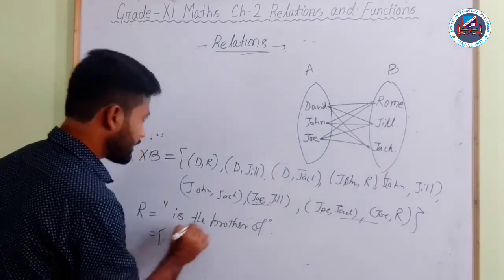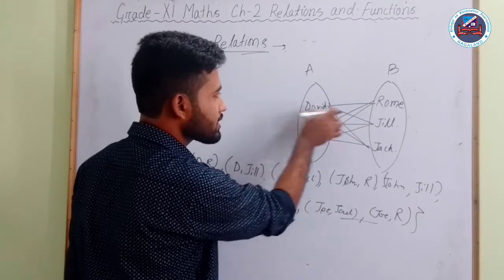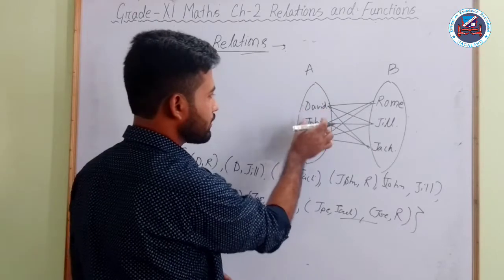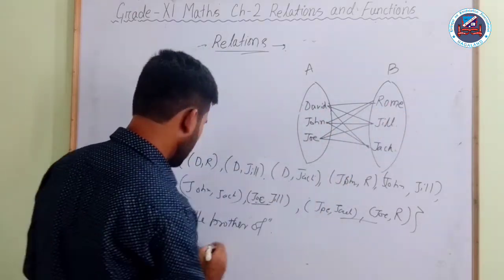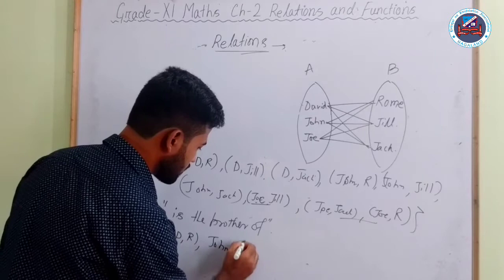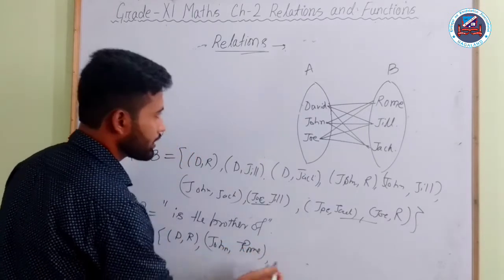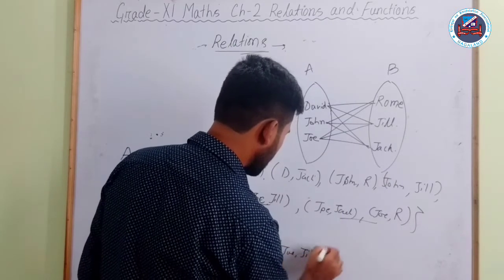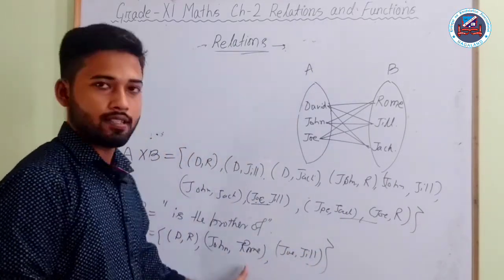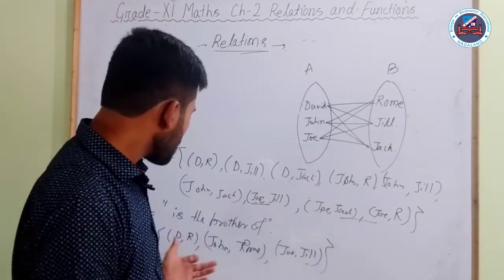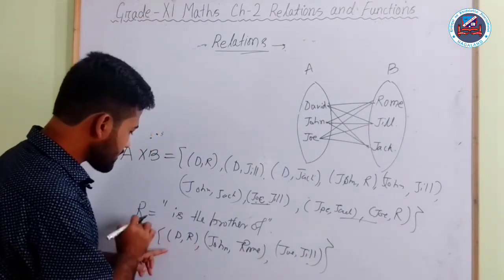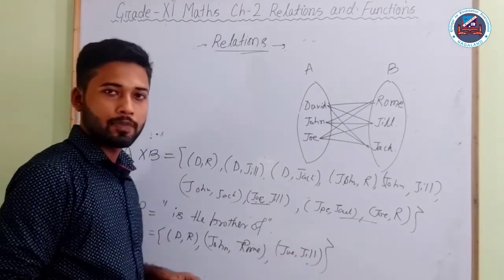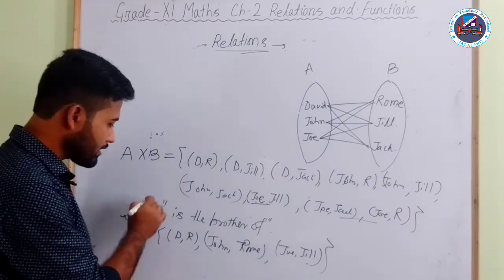So by our assumption, David is the brother of Rome, John is the brother of Rome, and Joe is the brother of Jill. These three ordered pairs are a subset of A cross B, so we can say that R is a relation.